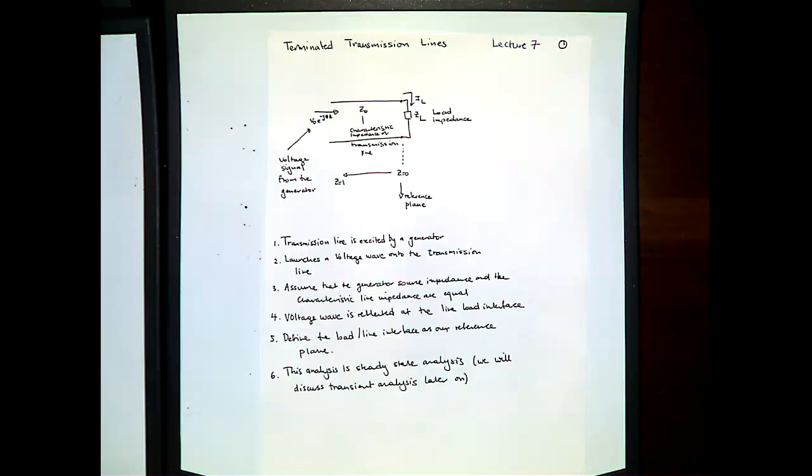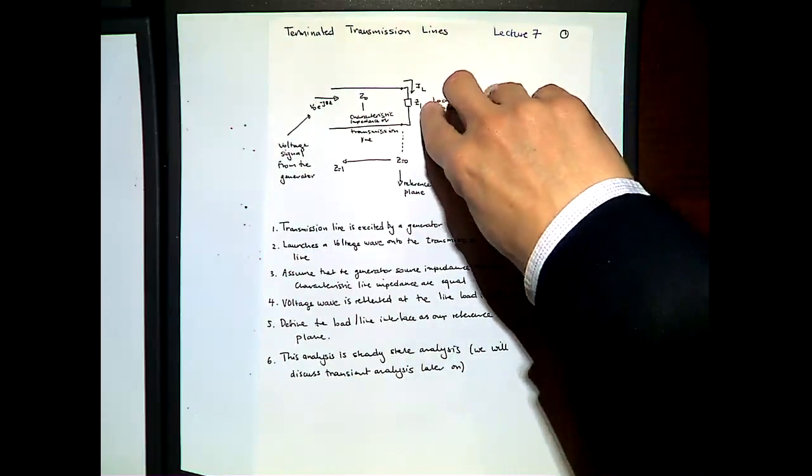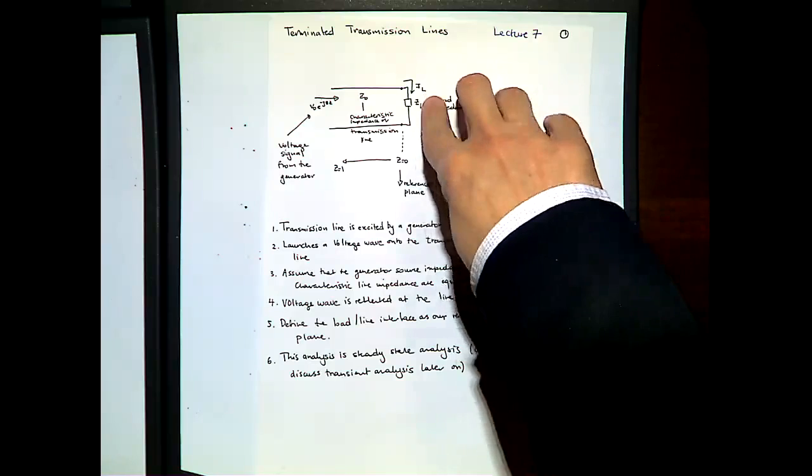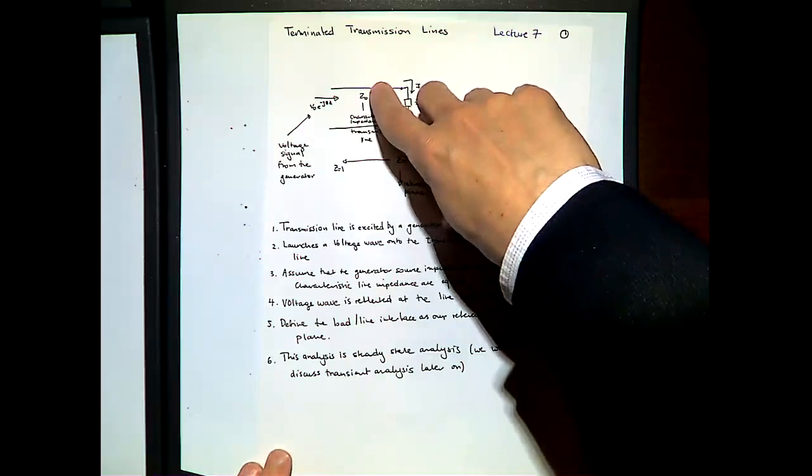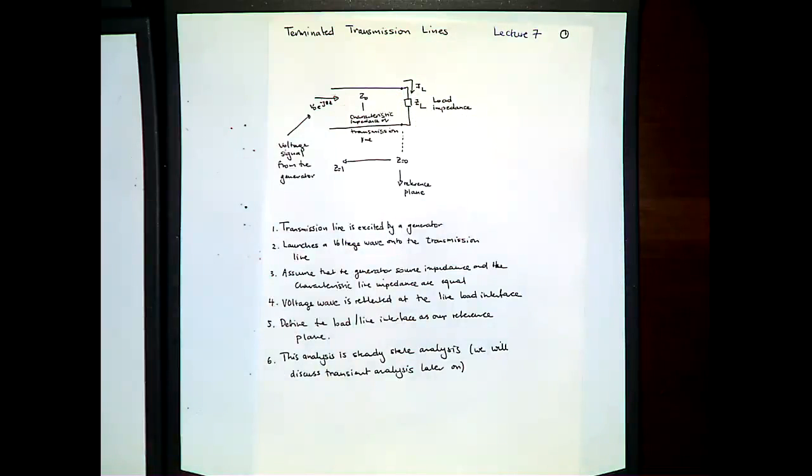Now, can anyone guess, right before we go through all the analysis, suppose I had a load, let's for argument's sake say 75 ohms, and I connected it through a transmission line which had a characteristic impedance of 50 ohms. And suppose the length of that transmission line was a quarter of a wavelength.